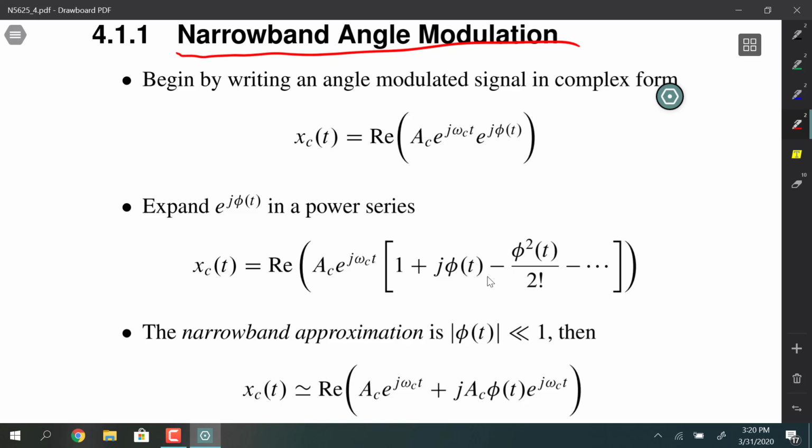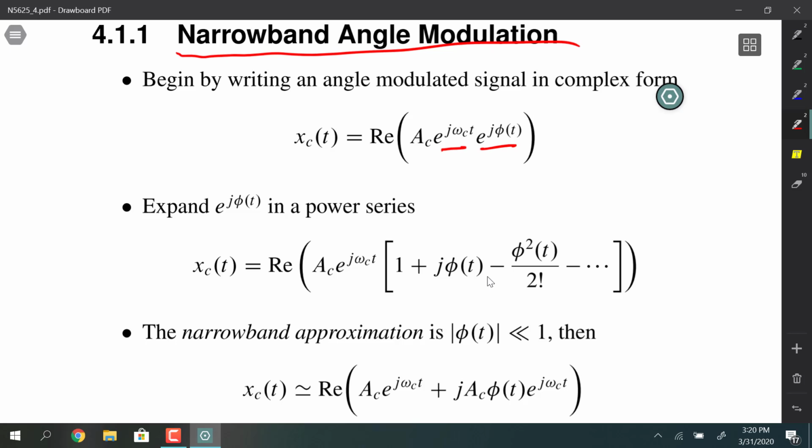Here we write the angle modulated signal as the real part of a complex exponential, breaking that complex exponential up into the product of two terms, the carrier term and the phase deviation, and then expanding the e to the j phi term in a power series, something you studied back in calculus. Doing a power series expansion of just the phase deviation component, the first two terms are what we're mostly interested in.